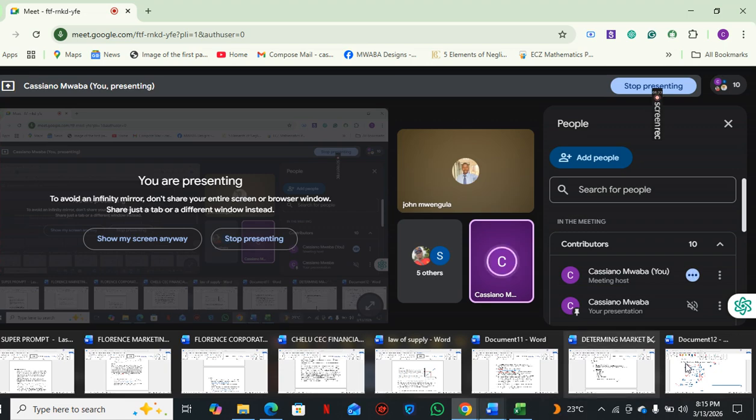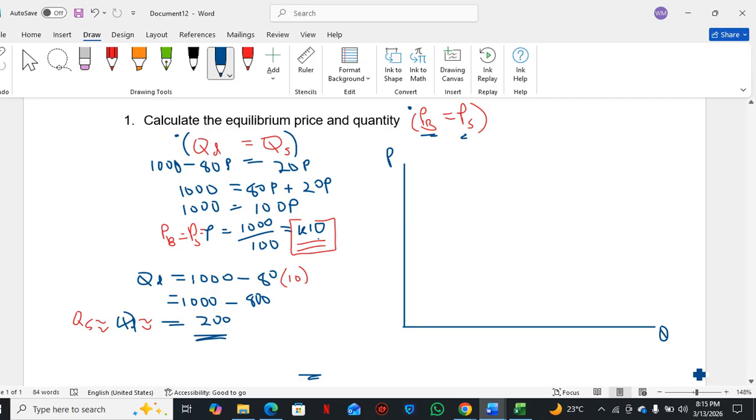Okay, it seems quiet. Okay, this is how you make this graph, colleagues. Please remember these steps, so that every time you can make this graph. We're going to start with the demand function. You put the demand function here.